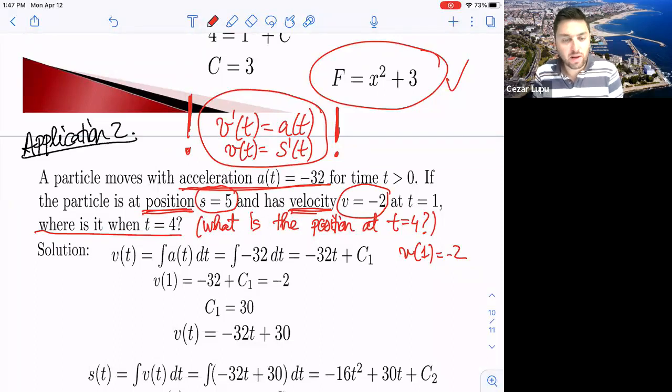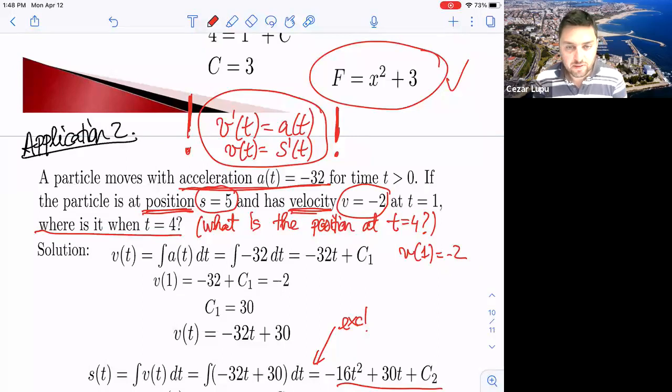And once we integrate that, you're going to end up with this. I'm going to leave these details to you as an exercise, because we're going to use the properties of the integrals here. And we're going to end up with this function here, negative 16t squared plus 30t plus c2. Well, beautiful. The only thing I need to deal with is the constant c2.